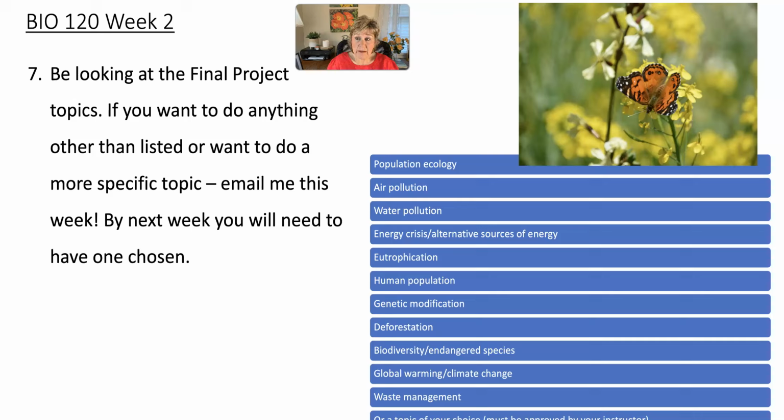The human population and human population growth. We're on track to hit 9 billion people in 2050. And we just hit 8 billion just a few years back, which is crazy. Genetic modification in human beings, in crop plants, etc., etc. There's all kinds of genetic modification that can happen.